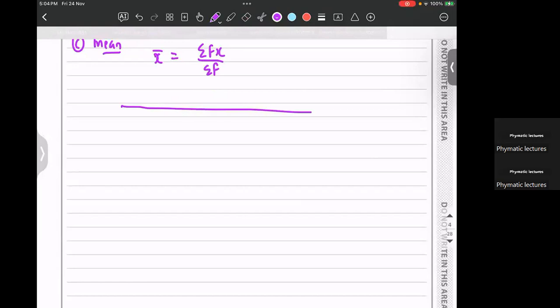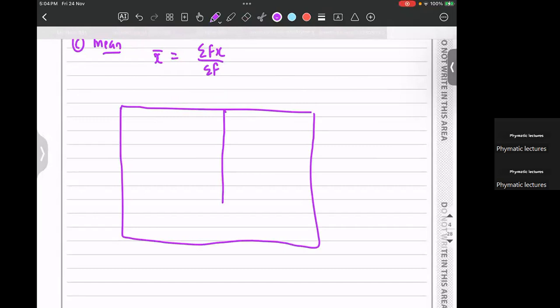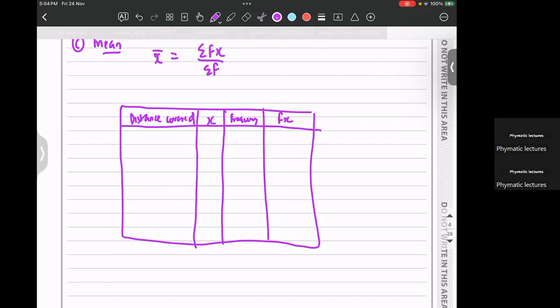Based on that, we try to figure out the respective frequency. For that, I'm just making a table. Distance covered, this is the frequency, this is the sum of f times x, and here this is the midpoint. The first distance covered is between 0 to 5, correct?